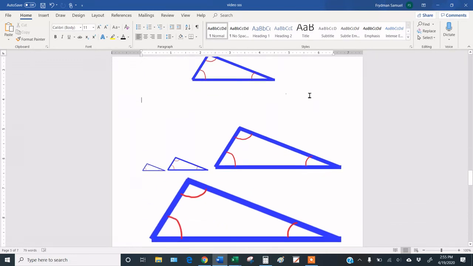You can see that in these triangles over here, all of the angles are exactly the same as they were in the original triangle. But we were able to change the side lengths. So these triangles here are different from this triangle. They're different because not all the sides are the same.